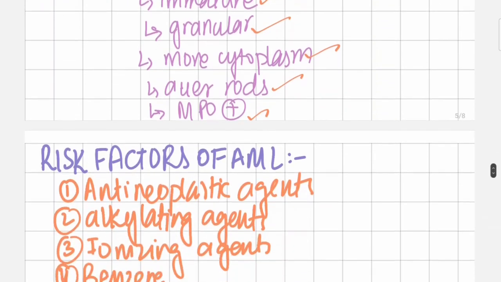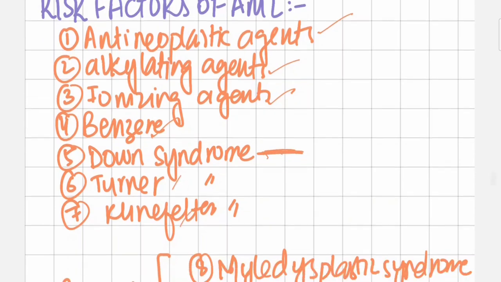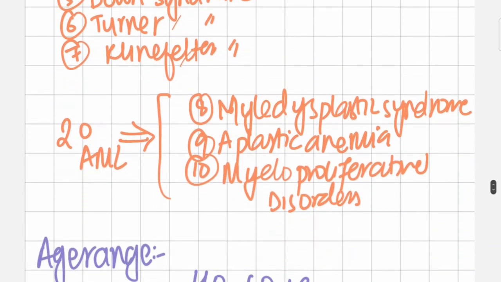What are the risk factors of AML? They can be caused by antineoplastic agents. There could be alkylating agents, ionizing radiation, benzene, and also Down syndrome, Turner or Klinefelter. But some causes like myelodysplastic syndrome, aplastic anemia, or myeloproliferative disorders can lead to secondary AML.